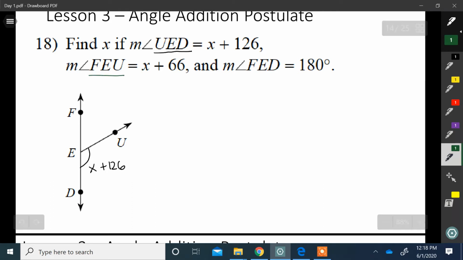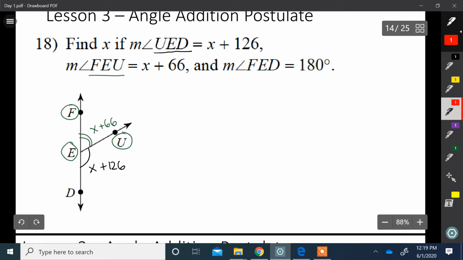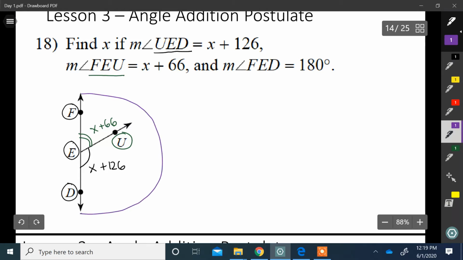FEU, so F, E, and U, this angle right here, is x plus 66. And then finally, we have FED, so F, E, and D. That's going to be this whole angle from there to there. That's 180 degrees.